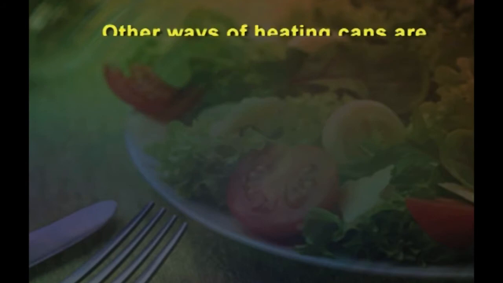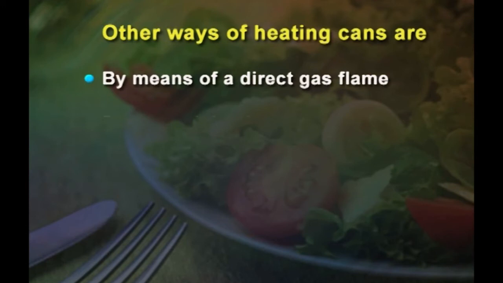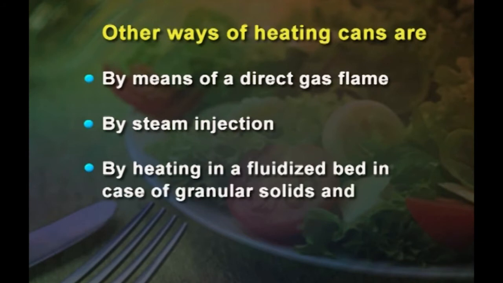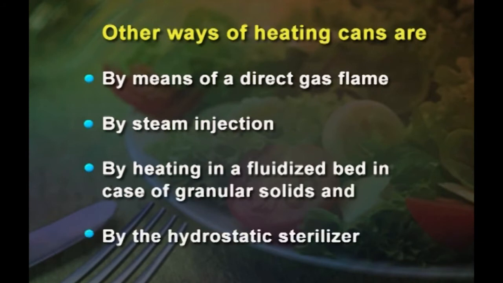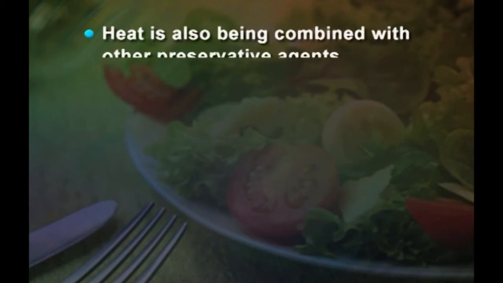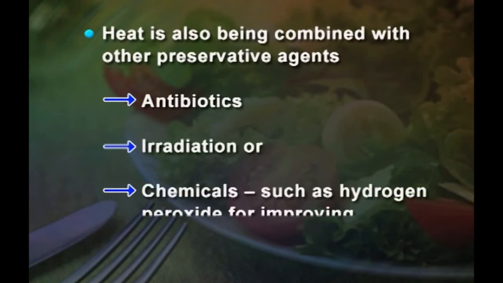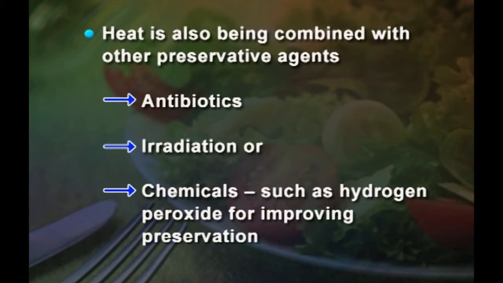Other ways of heating cans are by means of a direct gas flame, by steam injection, by heating in a fluidized bed in the case of granular solids, and by the hydrostatic sterilizer. Heat is also being combined with other preservative agents like antibiotics, irradiation or chemicals such as hydrogen peroxide for improving preservation.